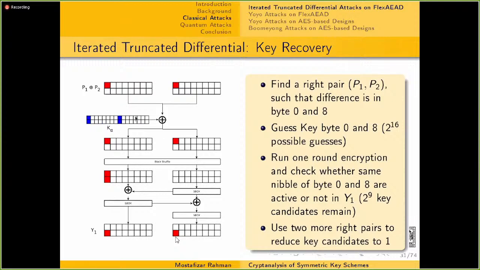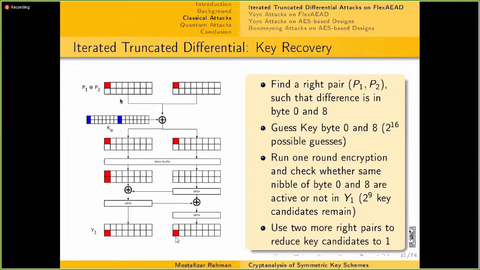By combining these guesses, we are actually creating a set. So for each right pair of plaintexts, we will get 9 key candidates, and then we'll use more right pairs.